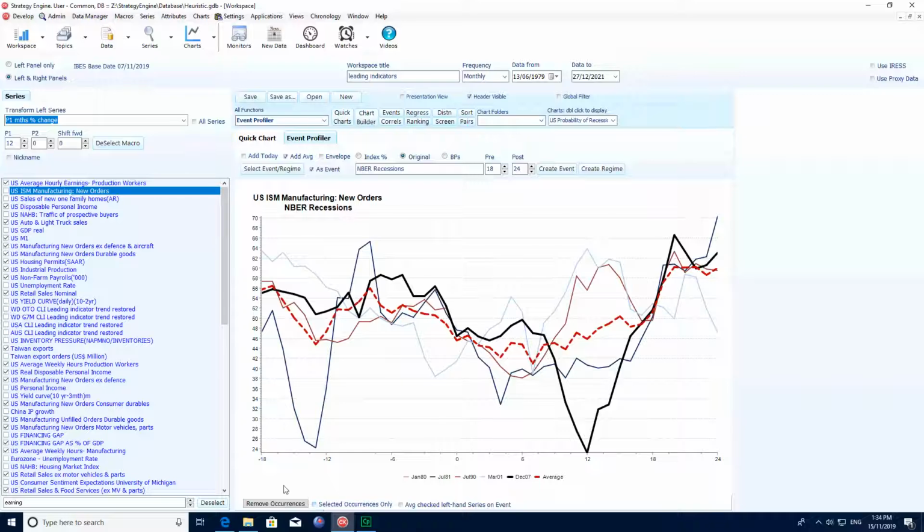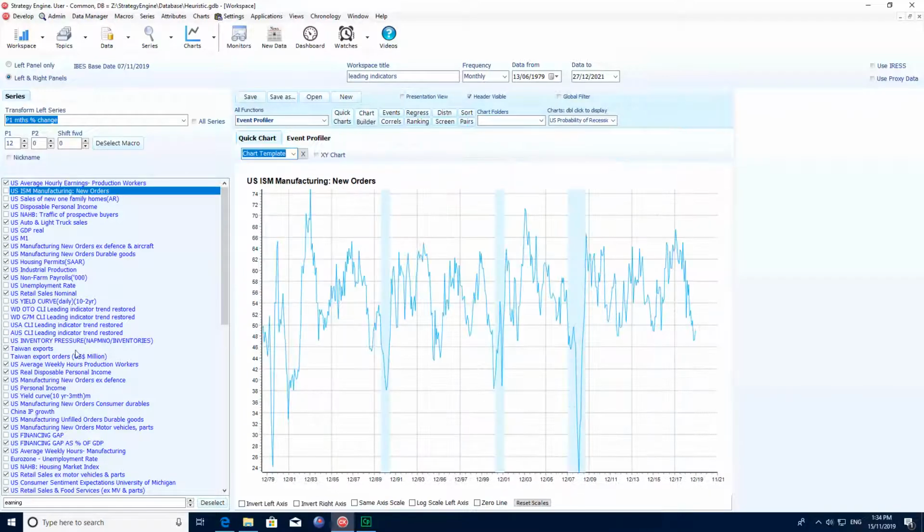What you see at the moment is the new orders obviously back through the 50 level, but there's been the last 5 occasions where you had recessions, but there's also been another 5 or 6 occasions where it's been below 50 and we haven't had a recession. So not always a great indicator of recession. So that's sort of line ball at the moment.